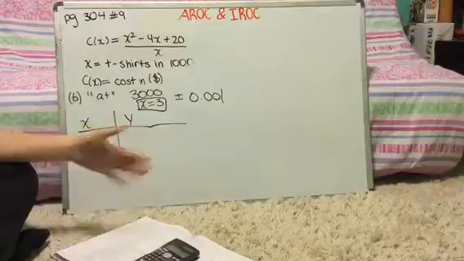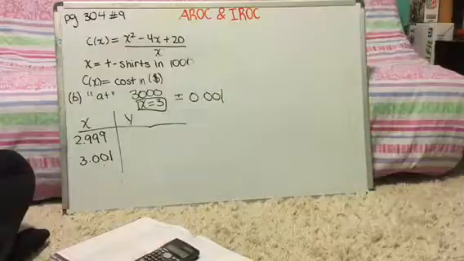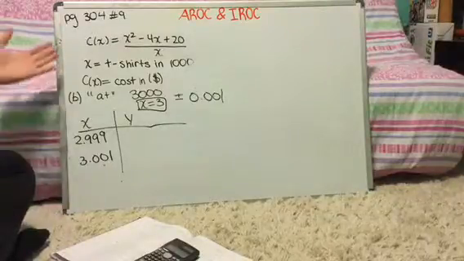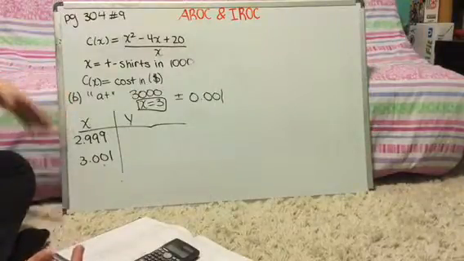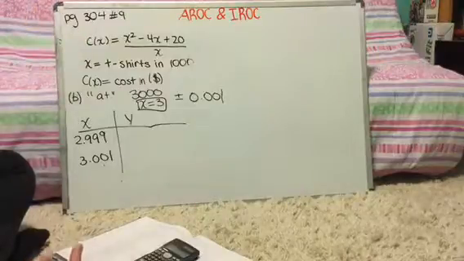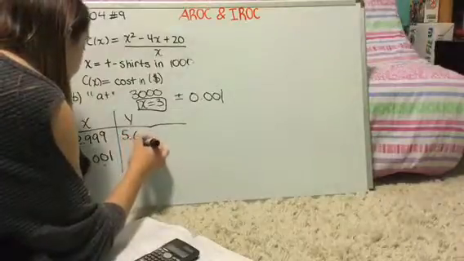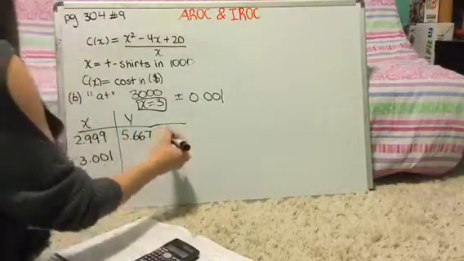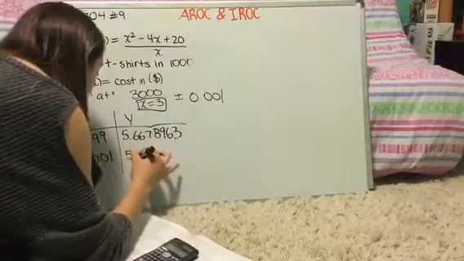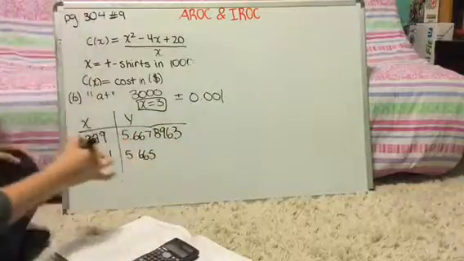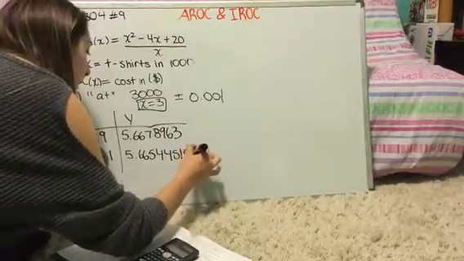How do we calculate y? Well, if you recall from your other lessons on functions in grade 10, building up to grade 12, you will know that you simply plug your x into your equation. After you've done that, you should come up with the values of 5.667893 and 5.665445185.